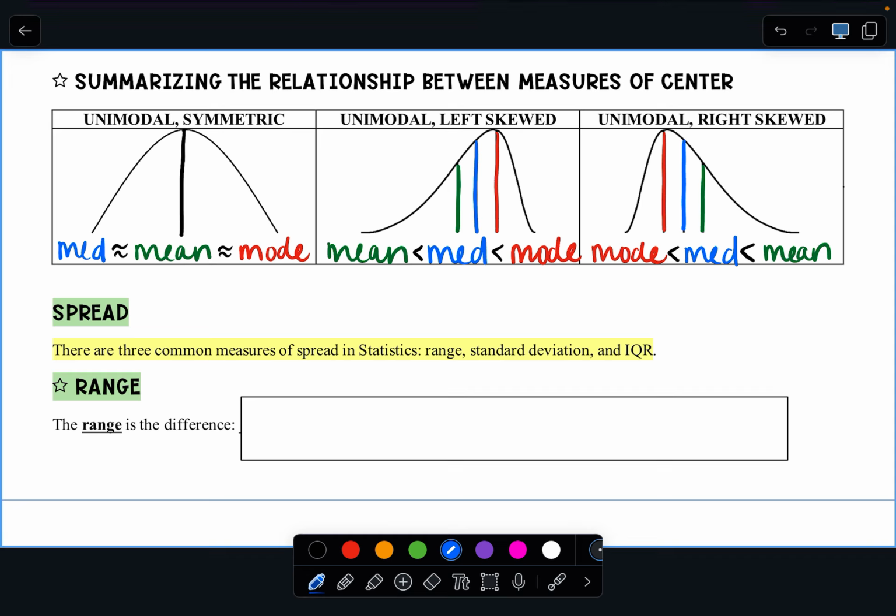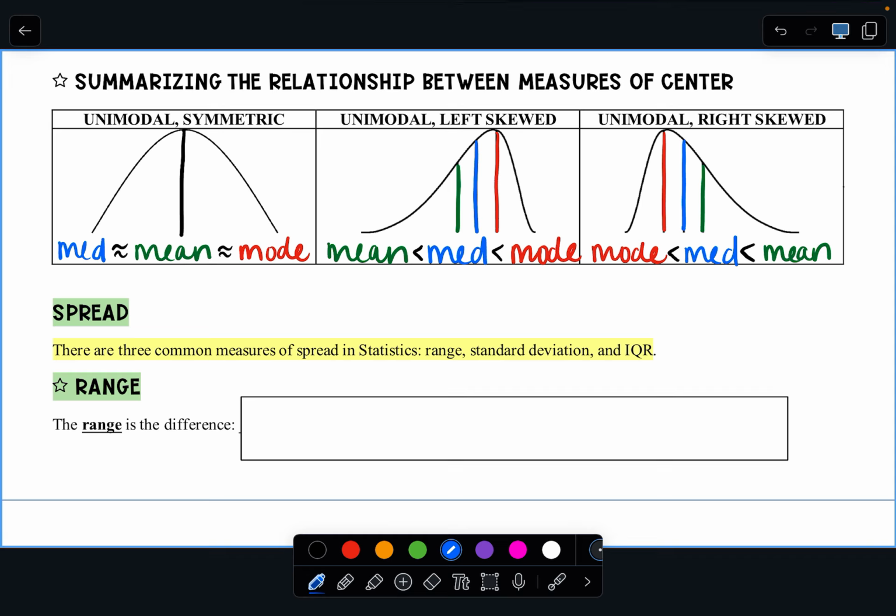If my data is 1 to 10 and my median is 5 and my mean is 6 or 7, that's a huge difference in comparison to the scale. When I have such a small scale, I'm expecting decimals of a difference, not whole number values. So pay attention to the scale, and it is a judgment call in the end: are these close enough or not? But if you have a really big scale and it's 2 or 3 numbers apart, it's probably fine, and we're going to say it's still symmetric.